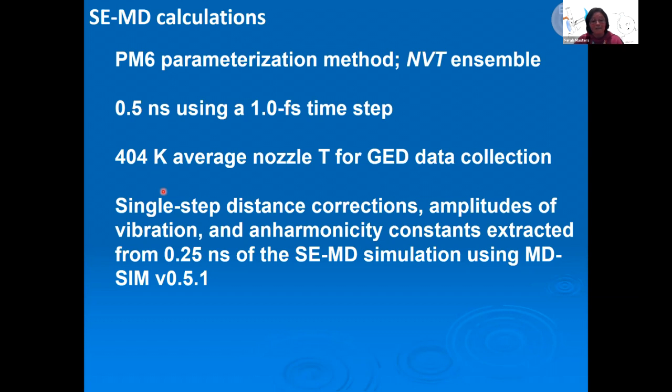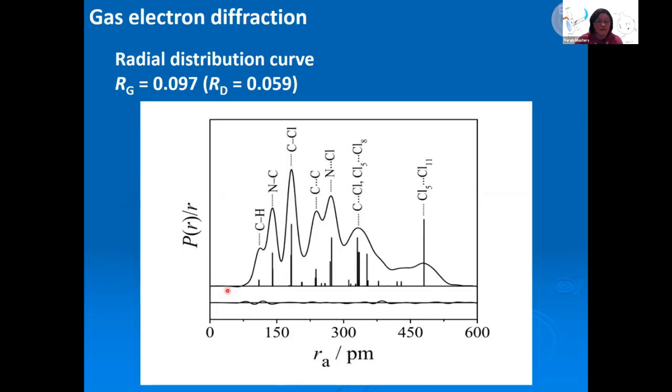So we got single step distance corrections, amplitudes of vibration, and most importantly these anharmonicity constants, which are really critical within the system, extracted from a 0.25 nanosecond time step within our semi-empirical MD calculations. This MD sim program is an in-house program that was built in Ivanovo in Russia to extract all this information for us.